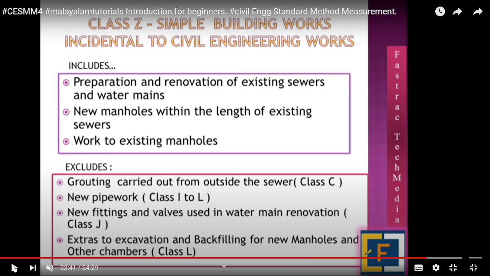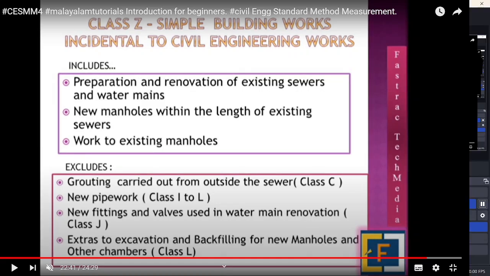So I hope you got the idea how important CESMM is inside the industry, and the difference between academic knowledge and practical knowledge and how these things work.